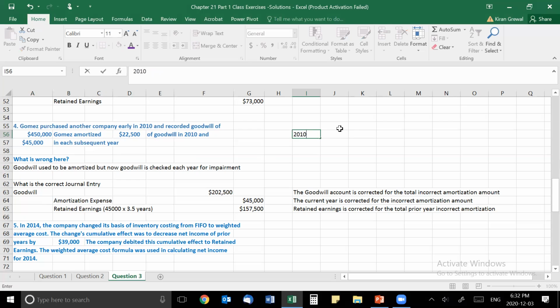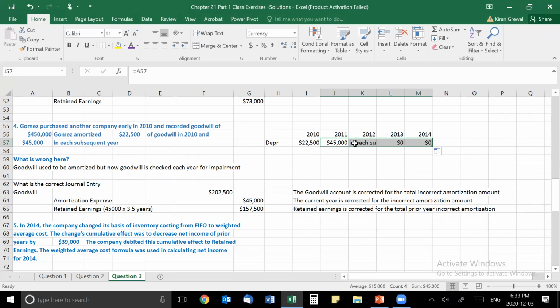So I can do that just to show you. So 2011, 2012, 2013, and 2014. Okay, so what they did, so what the amortization was. So the amortization was $22,500 in year 1, and the rest of the years it was $45,000. So that's the amortization that they took.